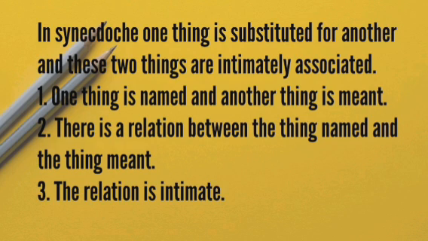The relation is that one thing is named and another thing is meant. And how will that relation be? The relation in case of synecdoche will be an intimate one. It will be a closely related relation. Clear?